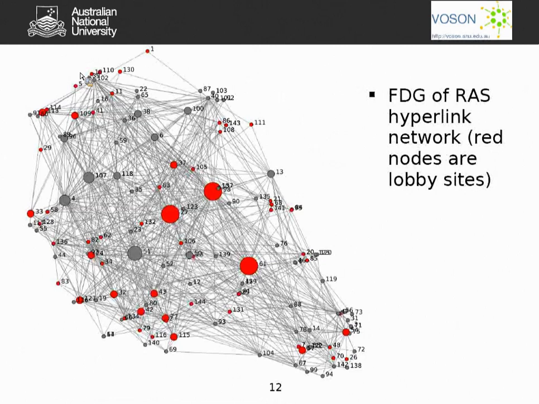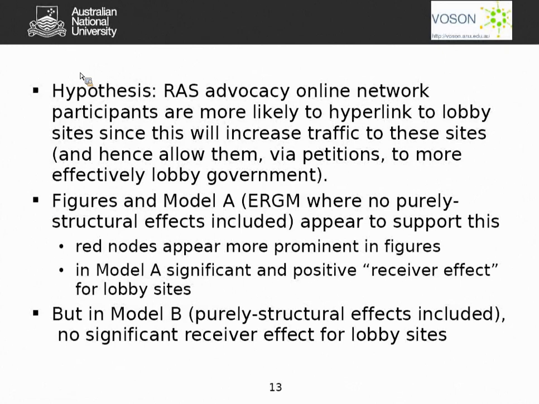Our hypothesis was that participants in the refugee and asylum seeker advocacy online network are purposefully directing hyperlinks to these lobby sites, since that will increase traffic to these sites and allow political pressure to be exerted on the government of the day.